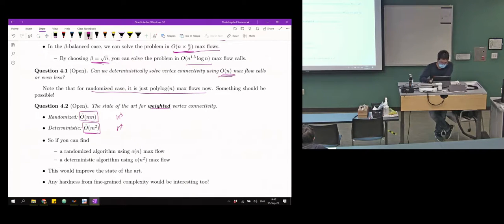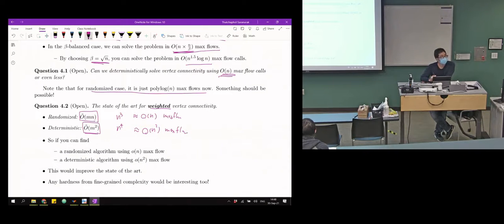But if you just care about the number of max flow calls, in the randomized setting you can do it using roughly n max flows, and this is not precise, but roughly speaking, this is n max flows and this is n squared max flows. So getting any improvement would be interesting here too.